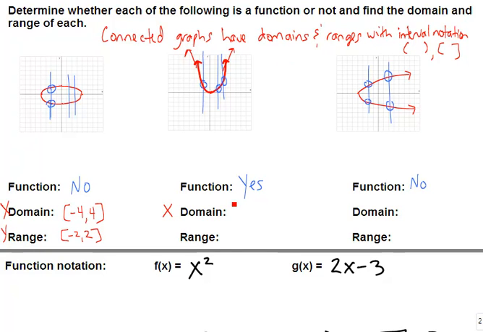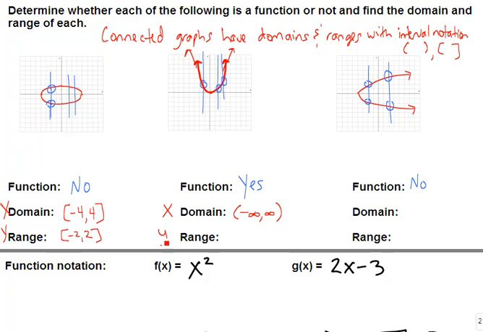So in this example, we would say that our domain is minus infinity up to plus infinity. And the convention is that whenever you use negative infinity or positive infinity, you always use open parentheses around them, because these aren't really numbers. We don't contain infinity, we don't hit infinity, we just approach it.